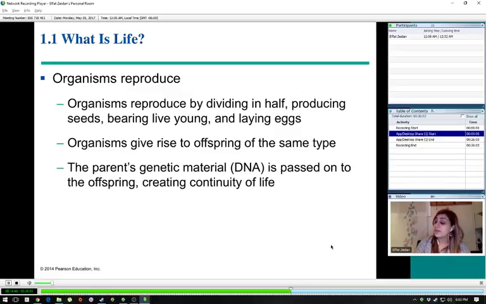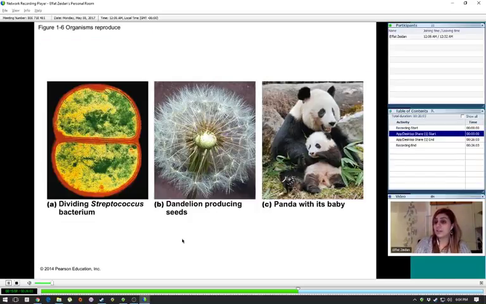We are going to be totally different because that combination of the two has led to a totally unique organism with its own genetic information that makes me distinguishable from someone else, makes me unique in my genetic information. And this creates continuity of life, this passing of genetic material, and also the variety in the genetic material.